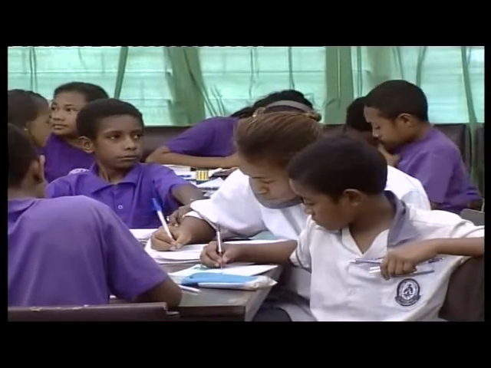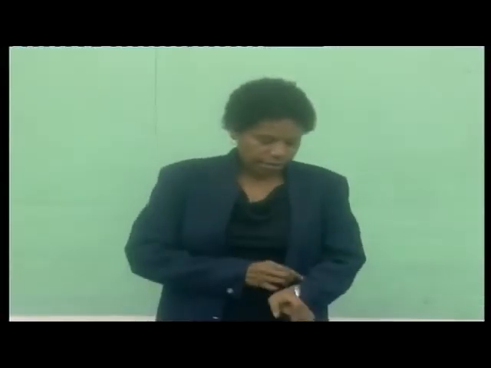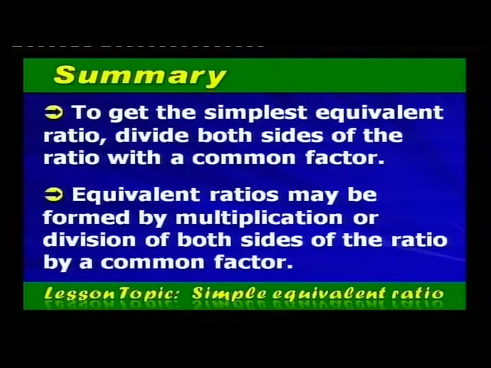Okay, let's just go back to our summary class to summarize today's lesson. Summarizing today's lesson, when you want to get the simplest equivalent ratio, what do we do, class? Receiving students? When you want to get the simplest equivalent ratio, which operation do you use?